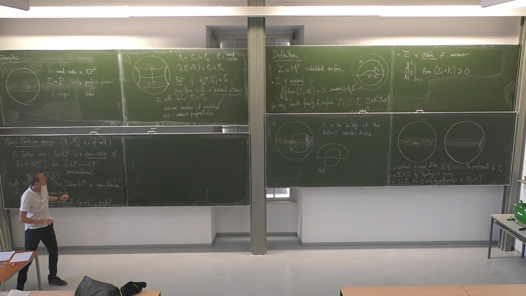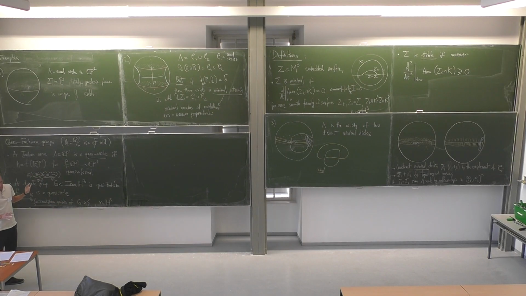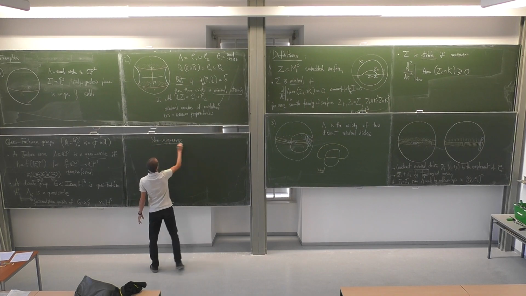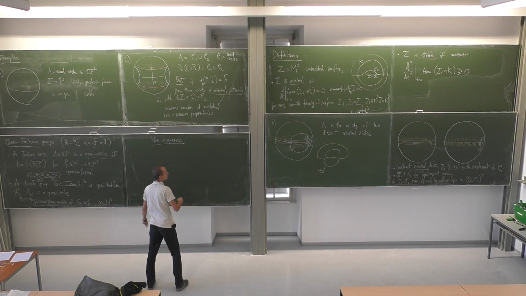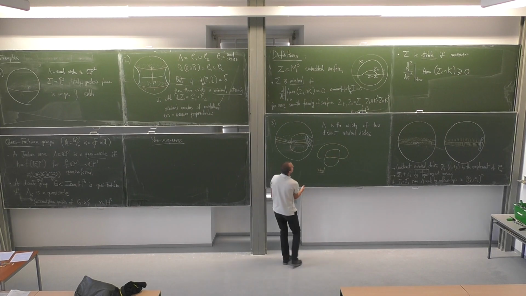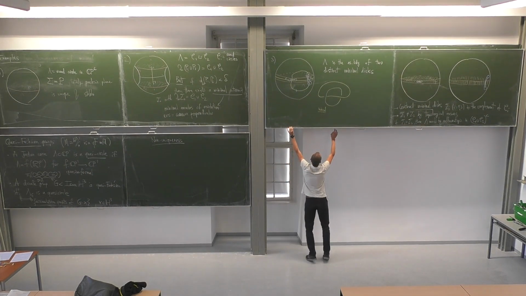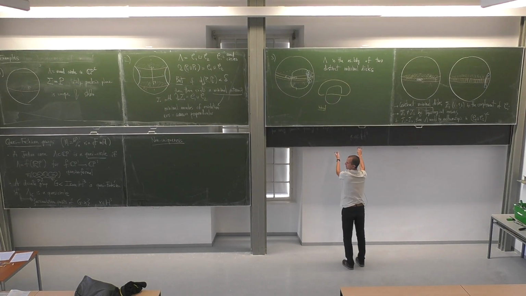Okay, so there are two results, for uniqueness and non-uniqueness, that are known in this setting. I will try to write them here. So non-uniqueness, and then I'll need another column for uniqueness results.